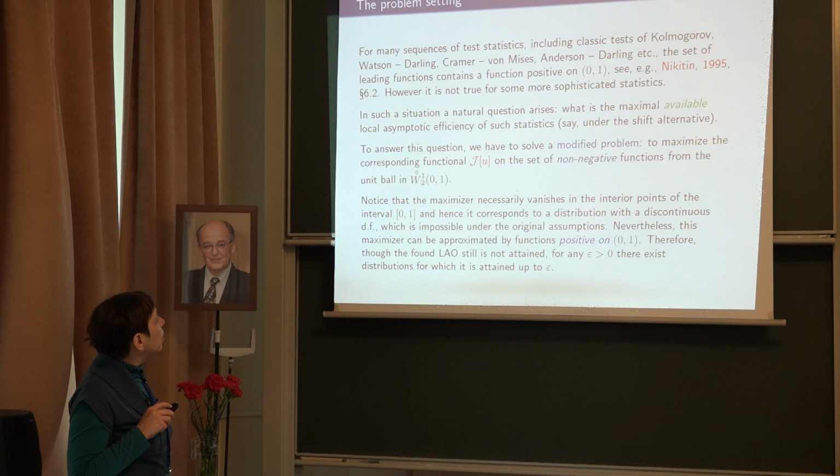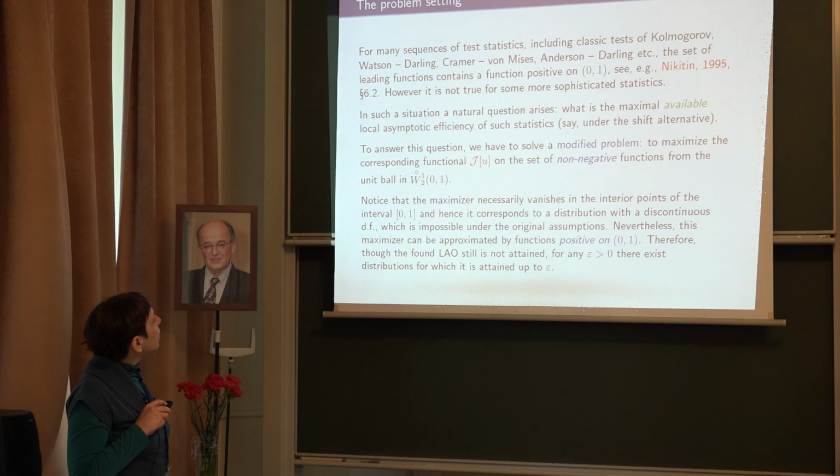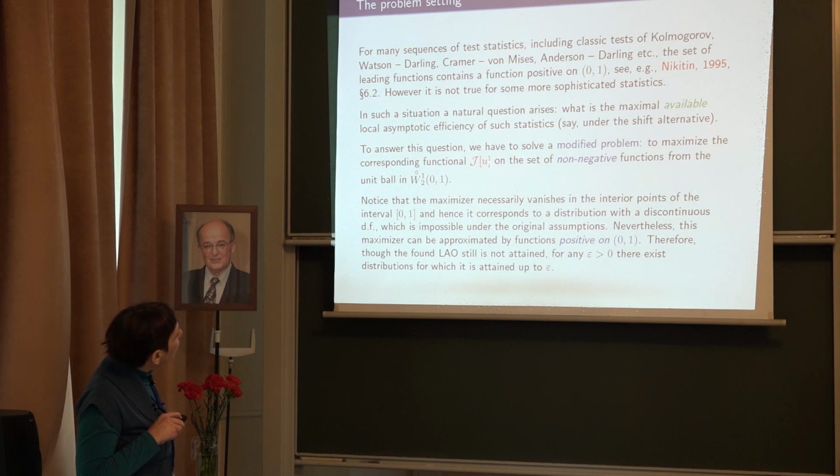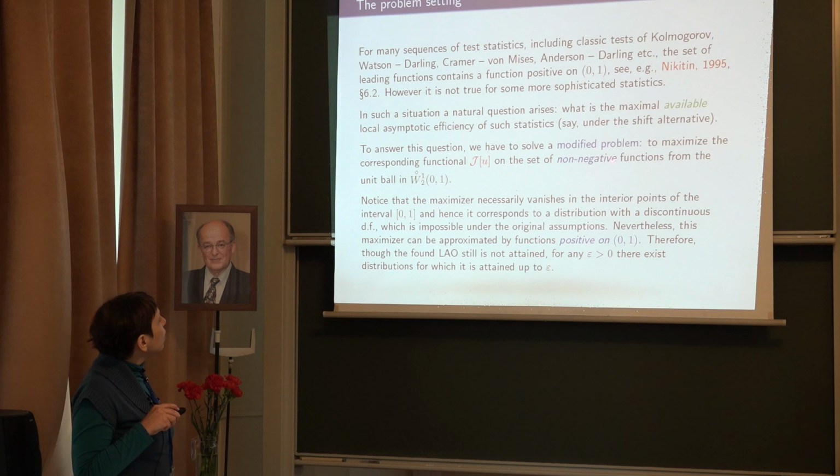there is another problem. So we modify the problem in the following way. We are maximizing the corresponding functional J of u on the set of non-negative functions from the unit ball in Sobolev space.